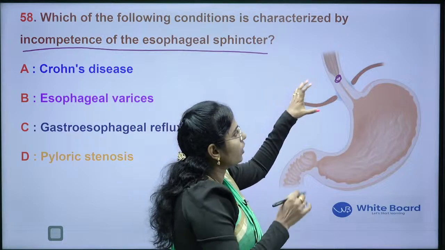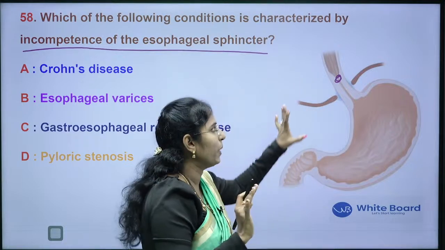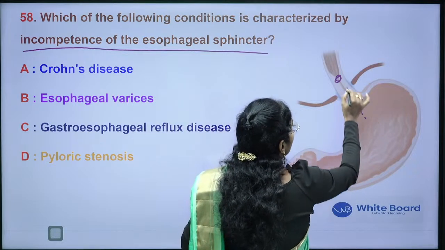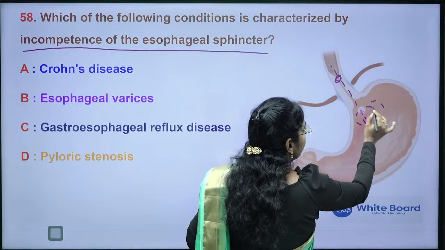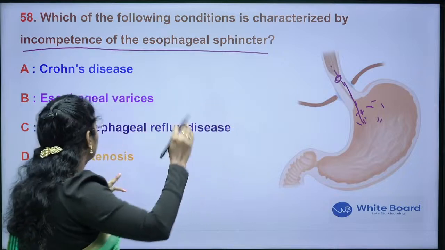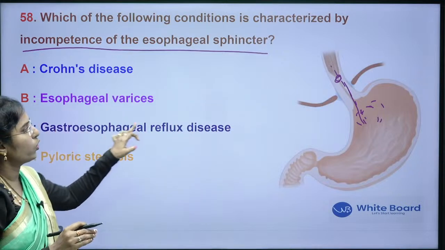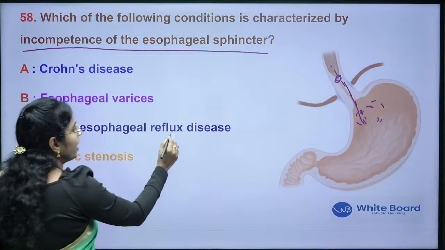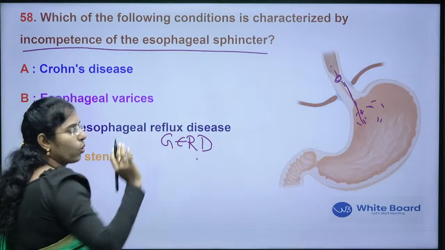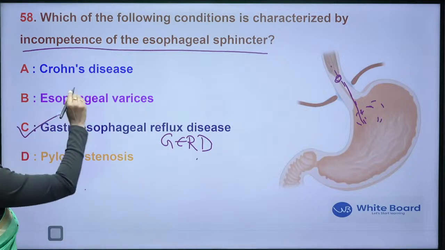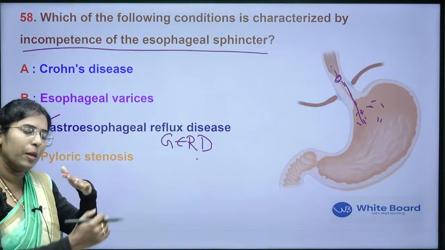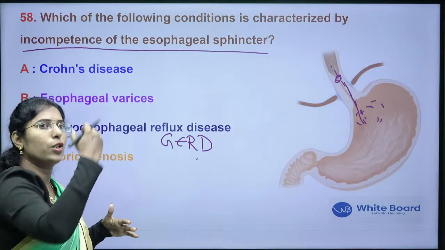If the sphincter is not closing properly, then what happens? The stomach contents reflux back into the esophagus. That condition is known as gastroesophageal reflux disease, that is GERD. So, the correct answer is gastroesophageal reflux disease. If the sphincter is not closing properly, there will be reflux of all the stomach contents into the esophagus.